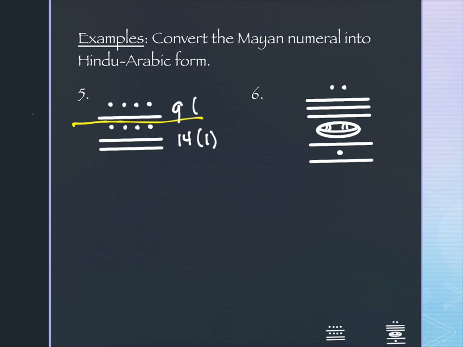So this is the ones place and this is the 20s place. So it's like you have 9 $20 bills and 14 ones. Can you picture that? Yeah. So this is 9 times 20 plus 14 times 1. And if we add those together, we have 194.